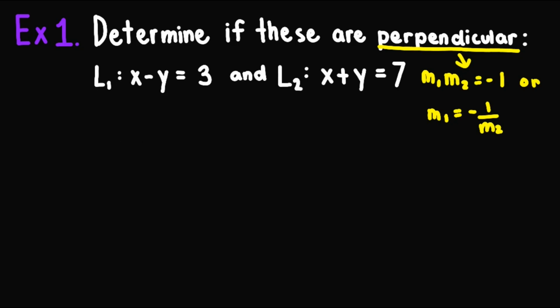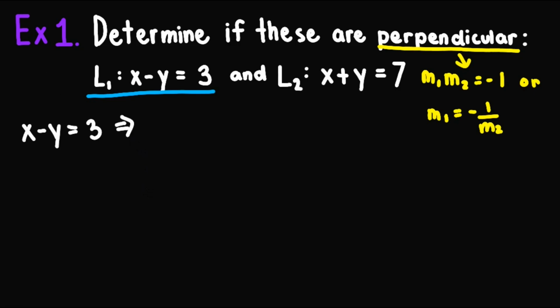So, starting with this first line, we have x minus y equals 3. Since our goal is to determine the slope, we can write this in its slope-intercept form.